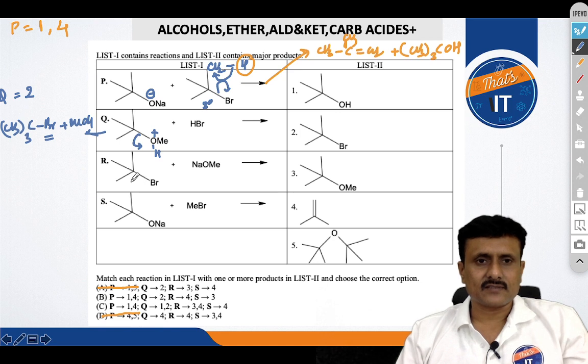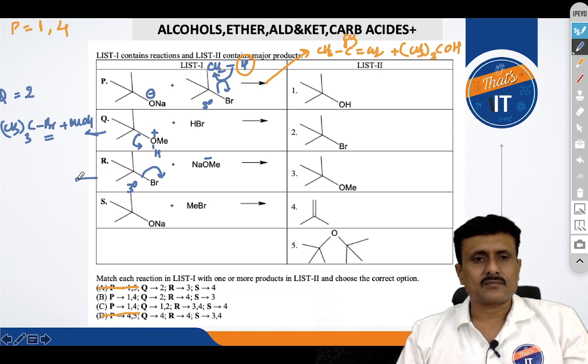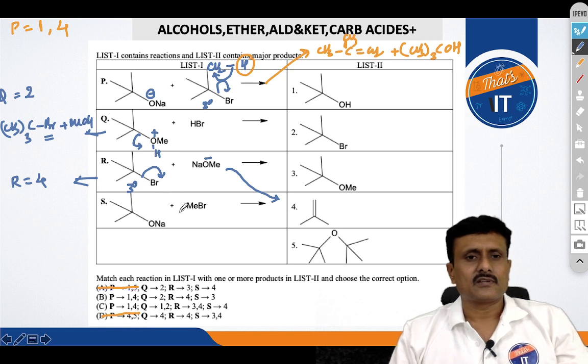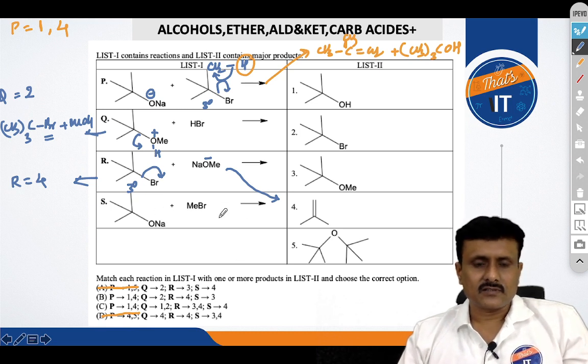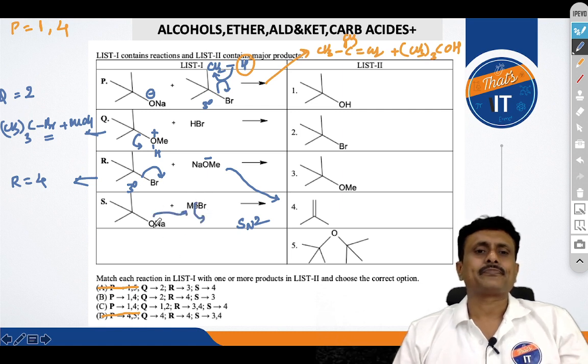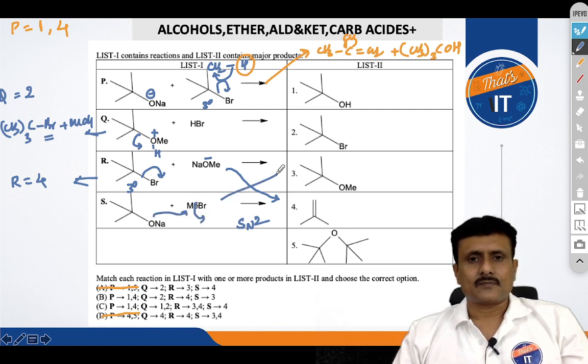You can see that this is again a 3-degree alkyl halide and this is a strong base, so it gives rise to a dehydrohalogenation product, that is nothing but once again 4. So R is matching with 4, dehydrohalogenation, same like 1. Now this undergoes the Williamson ether synthesis because this is methyl bromide, follows SN2 mechanism, giving rise to option 3.